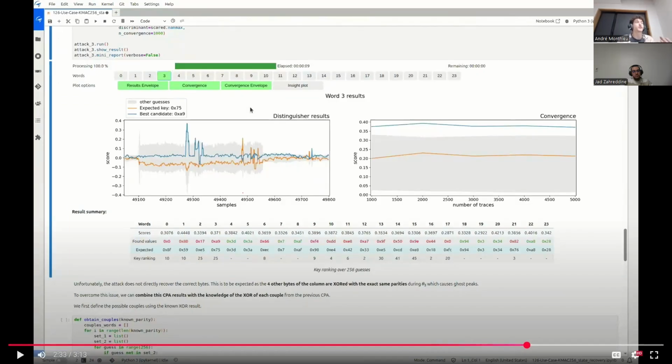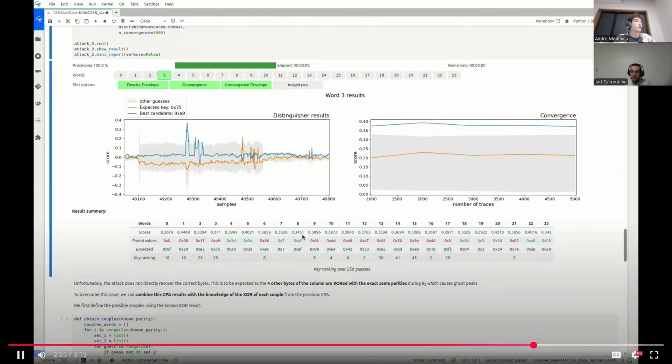So we are expecting ghost peaks. And actually, the 2 bytes of every column that we are missing are being XORed with the same parities. So this is why we only have 24 bytes for the 24 couples. We did not do one for each byte. This was to be expected.